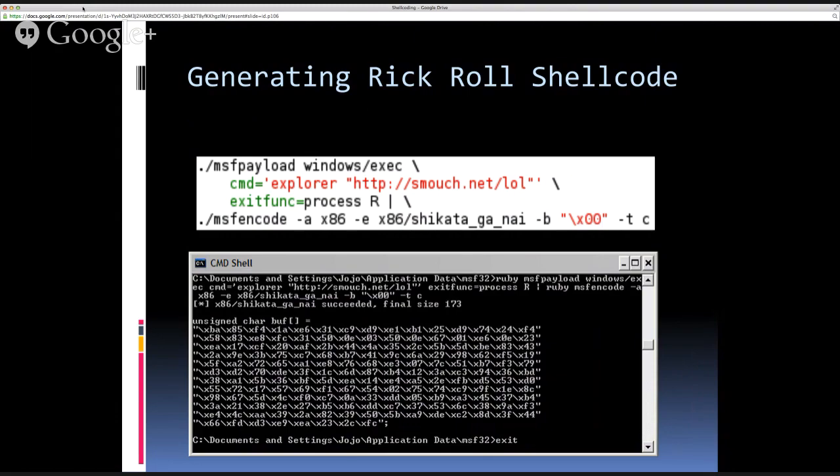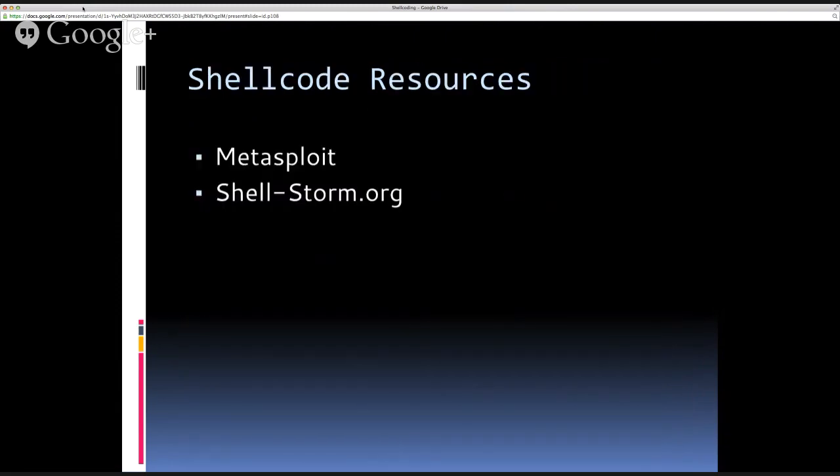You can see down below the resultant shellcode, a nice, easy copy-paste C array that we could use in a program. For more information, you can go to the Metasploit site and shell-storm.org.